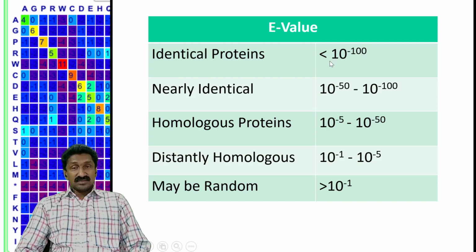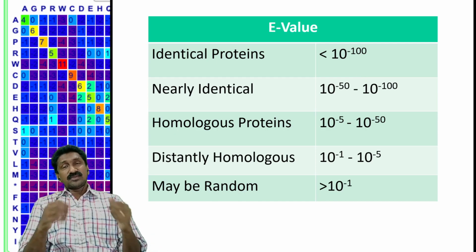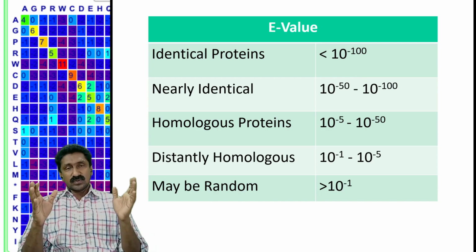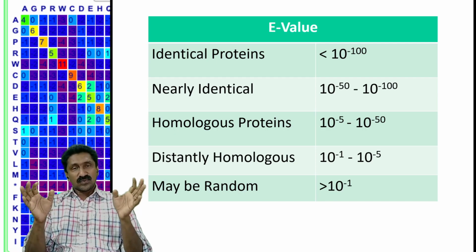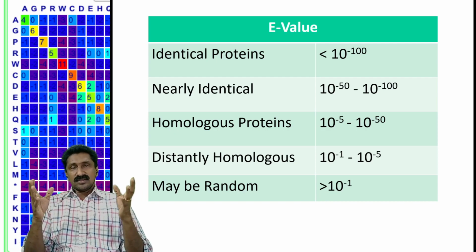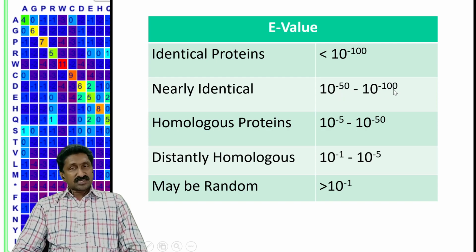That means after the decimal point there will be 100 zeros before 1. So for exactly identical proteins, that will be almost 0, and it will be 0. If it is the same protein, the e-value will be 0 because there is no chance alignment at all. And for nearly identical proteins, that will be 10 raised to minus 50, 10 raised to minus 15 to 10 raised to minus 100.